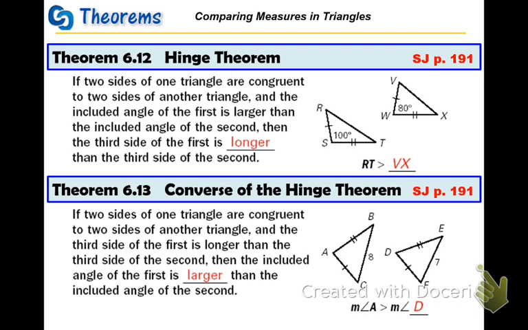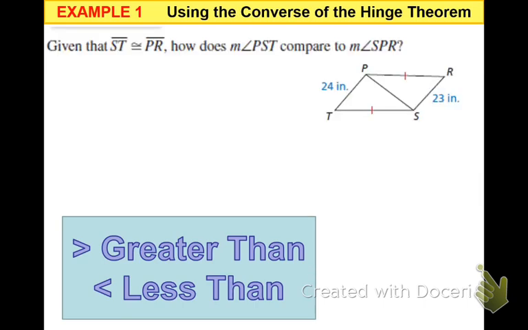So all we're doing today is writing less than or greater than. If you don't remember, less than or greater than are right there. Given that ST is congruent to PR, we're going to compare the measure of angle PST to angle SPR. A lot of you would struggle with this because you don't know how to read angles. It says PST.